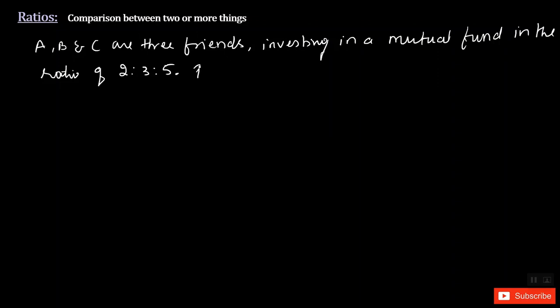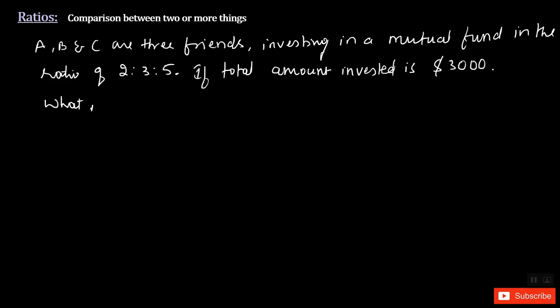Now, if the total amount invested is $3,000, the question is, what is each individual's investment? It means how much each person has invested if we are talking in the ratio.